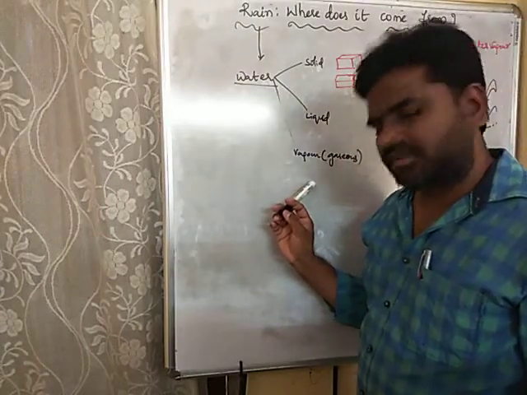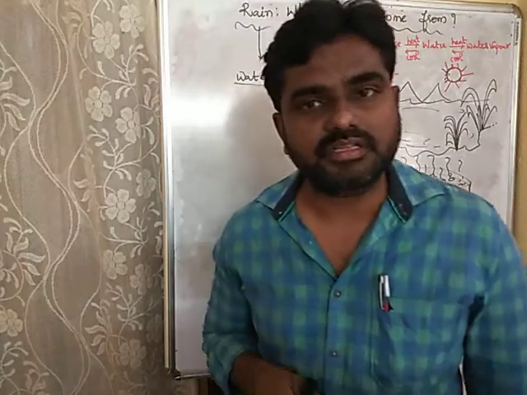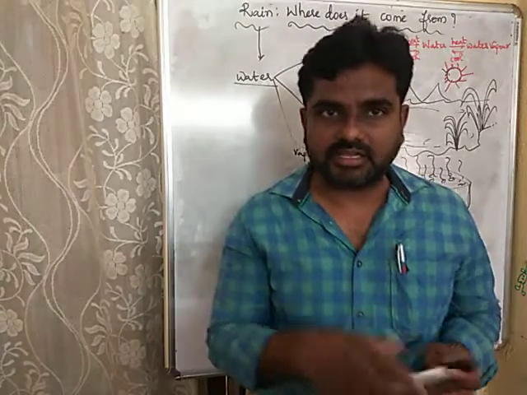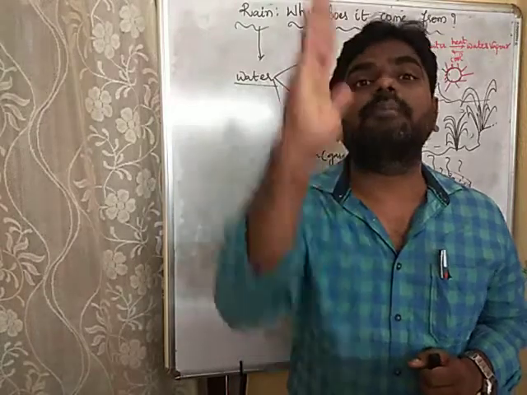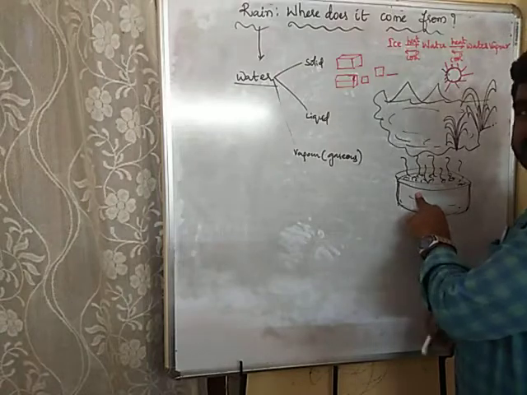Where can you see it? While your mother is cooking, while your mother is boiling milk or water, you can see some fog or vapors coming out of the vessel, isn't it?